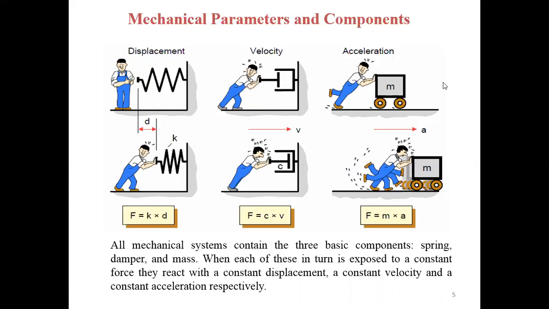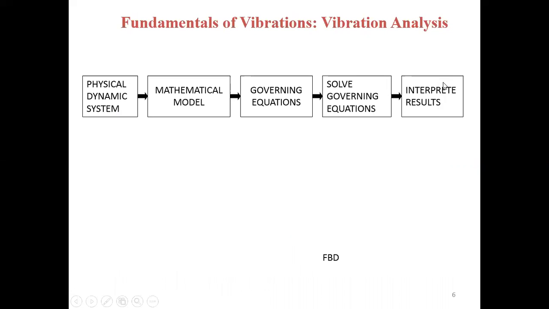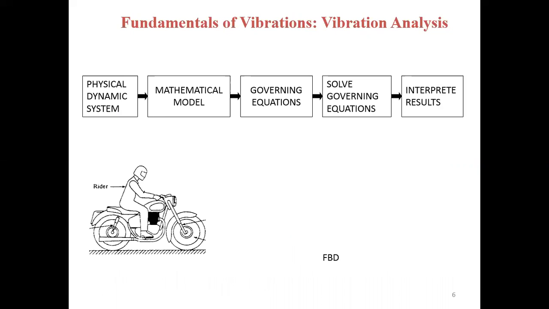Now the fundamentals of vibration. When you are going to analyze the vibration, you have to select the vibration fundamentals. First, the mass is connected with the spring and damper.